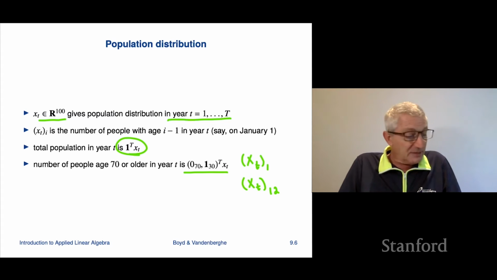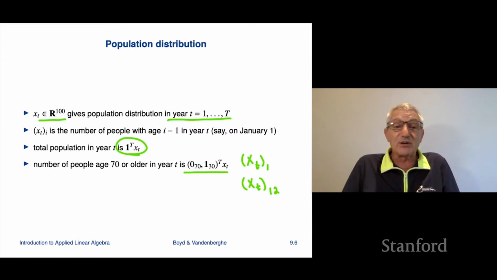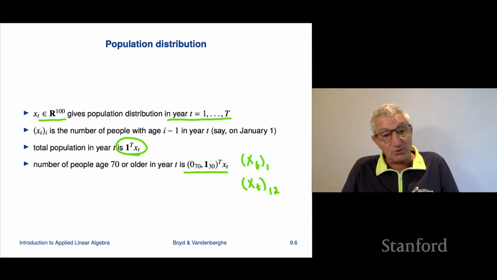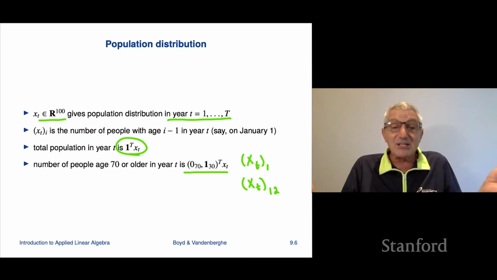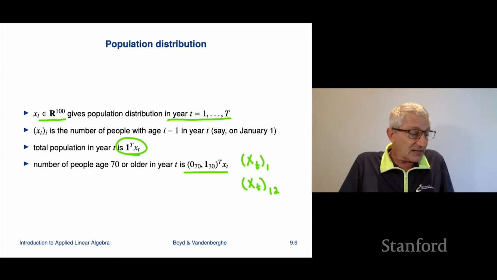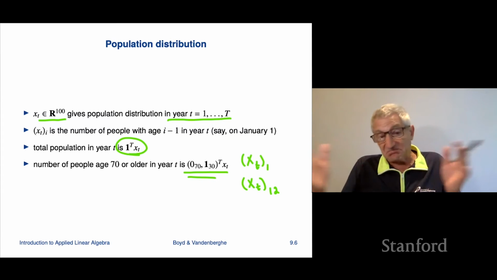And that's all the people who are age 70 or older. Okay, so for example, if we were to simulate xt out several years and then ask, how many people will be 70 or older in 5 years from now? This is the way we would do it. Or how many people would be high school age, for example? You could construct another vector here that would pick out the people of a certain age range, and it would give you that.